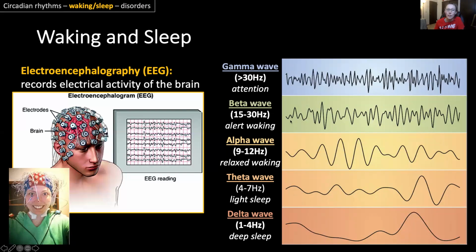Beta waves are active when you're alert, when you're awake, not necessarily focused on some hard cognitive task, but just generally doing your life, just being awake. Then we move down to alpha waves. Alpha waves are the waves when you first sit down in your cozy chair after a long day and you start to slowly drift off.